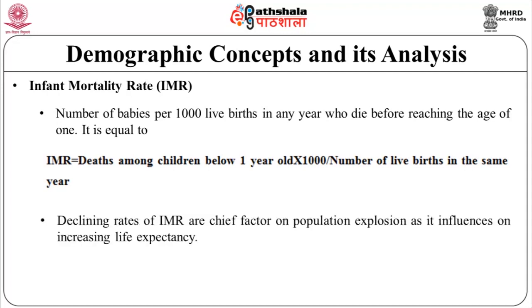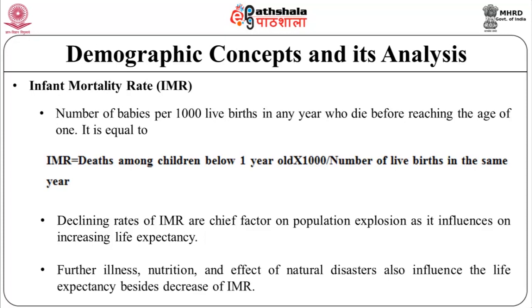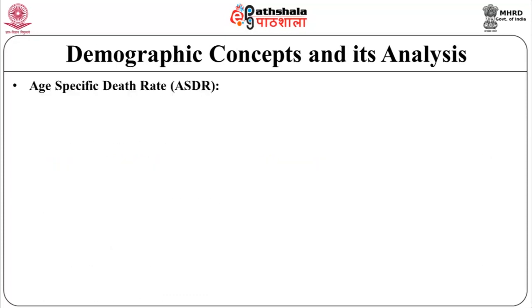Declining rates of infant mortality are the chief factors in population explosion as it influences increasing life expectancy. Further, illness, nutrition, and the effect of natural disasters also influence the life expectancy besides the decrease of the infant mortality rate.